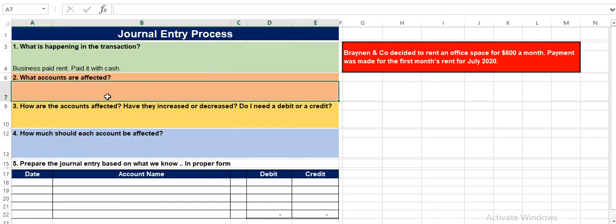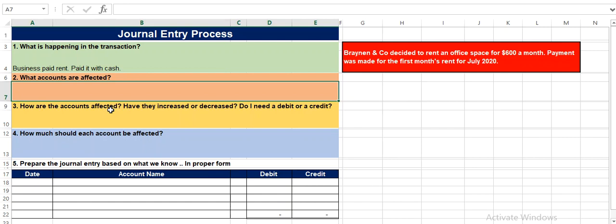Okay, so based on what's happening in this transaction, what accounts are going to be affected? Well, we know that there are 5 types of accounts: assets, liabilities, owner's equity accounts, revenues, and expenses. When we think about this transaction, the business paid rent.